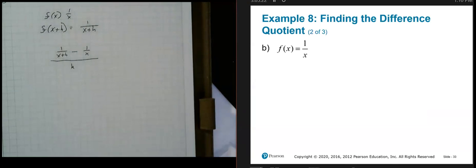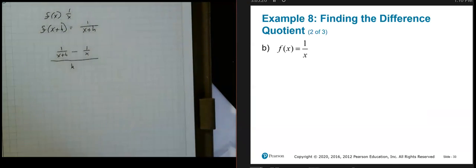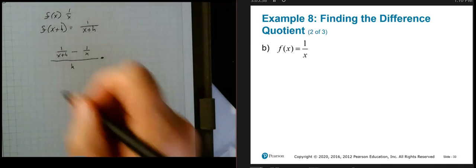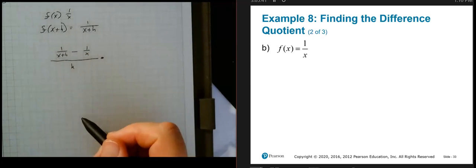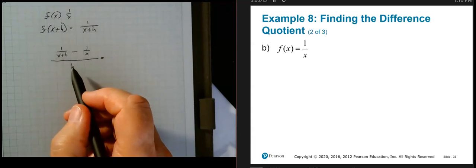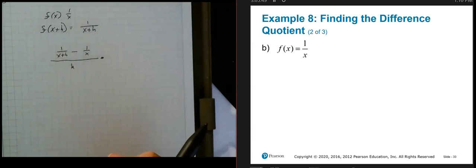Now, how the textbook does it, they simplify the numerator into one fraction and then deal with the fact that we have a fraction inside a fraction. What I like to do is find the common denominator in all the parts. So I have 3 terms in this. This is called the complex fraction because we have a fraction inside a fraction.